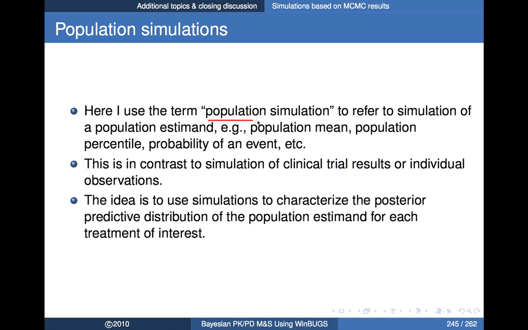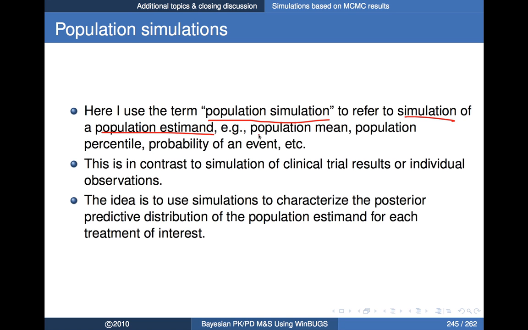I'm going to use this term population simulation to refer to simulation of what I refer to as a population estimand. And by an estimand, I mean some feature of the distribution of values across a population.